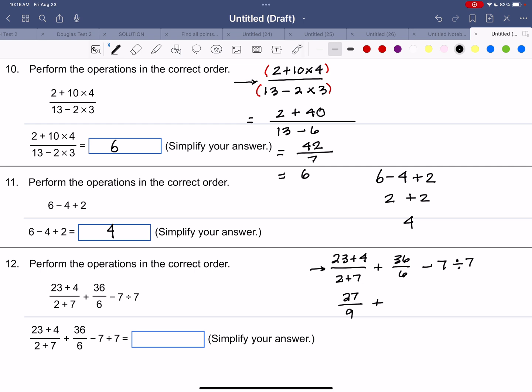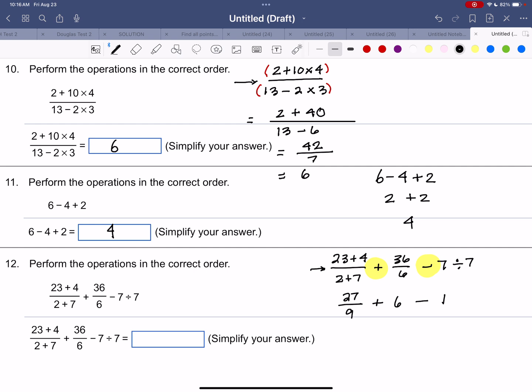Plus, now here's a case where you can go on and start doing some things, because you're going to do that add and subtract from left to right. So we can go ahead and do the division. 36 divided by 6 is 6. Remember that division is going to come before this add or subtract. So you don't have to show every step every time, okay?